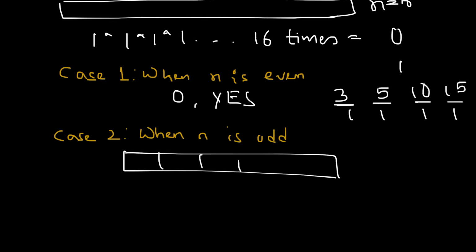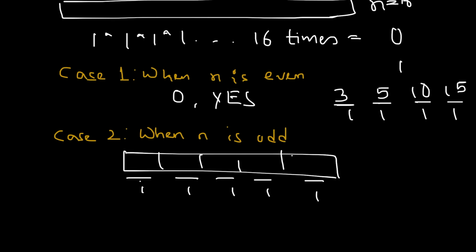Now, if I take subarrays of length 1, this is one subarray, this is one subarray, this is one subarray, and so on. So the h values will be 1, 1, 1, 1, 1. And we know there are an odd number of ones, so the XOR value will be 1. But our aim is to make the XOR value 0.